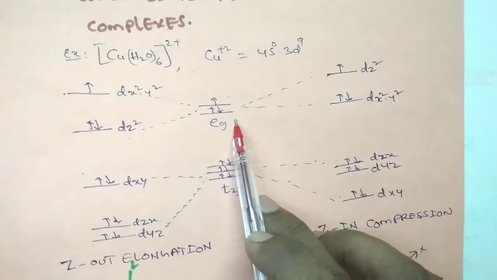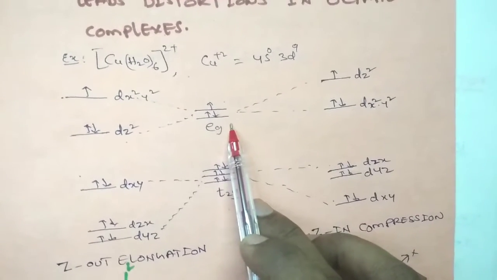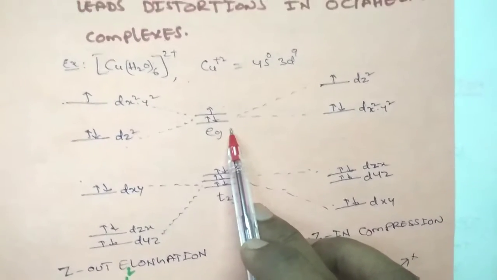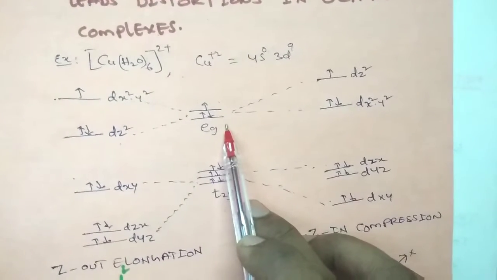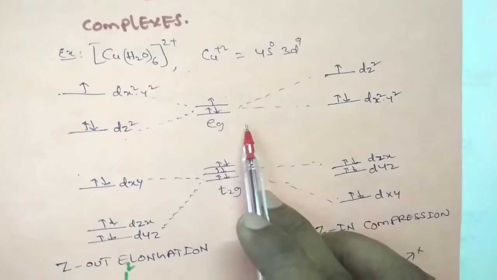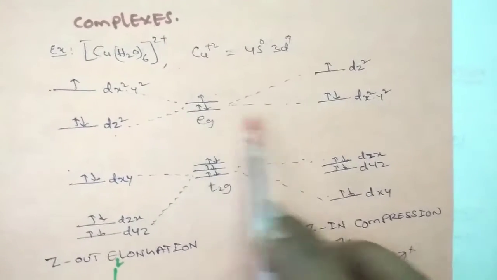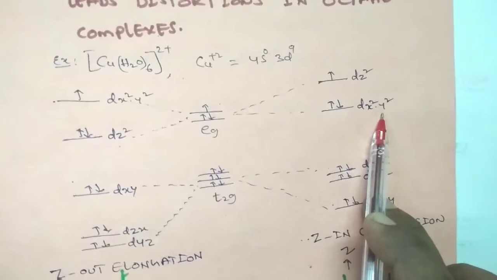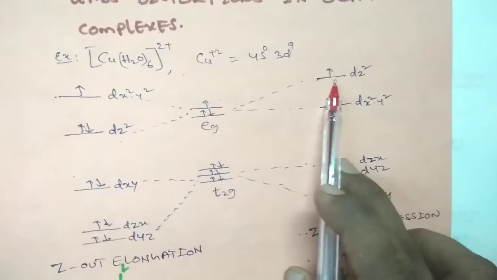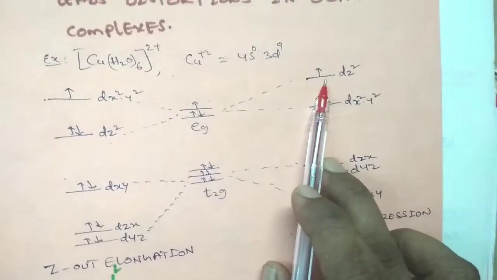Consequently, their bond lengths will be stretched. When the bond length is stretched, the ligand goes away from the metal ion. When the ligand goes away from the metal ion, the energy of dx2-y2 will be decreased, and the energy of dz2 will be increased.